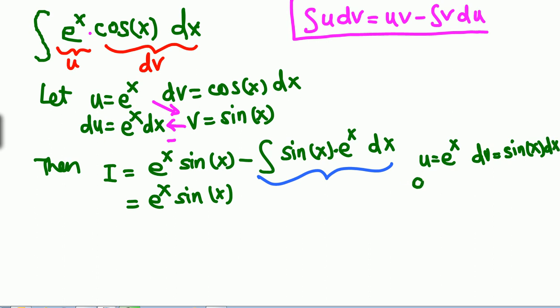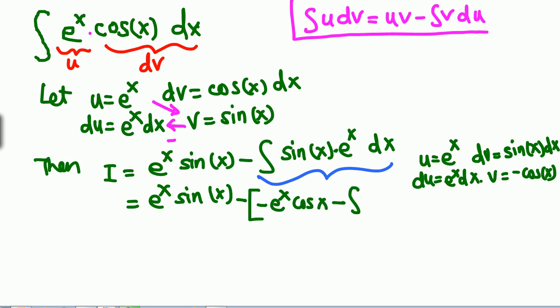We find du. So du is just e^x dx, and v, the antiderivative of sine x, is negative cosine x. Then using integration by parts, with a negative here, I'm going to put a bracket: uv minus the integral of v du. So uv means e^x times negative cosine x, so negative e^x cosine x, minus the integral of v du.